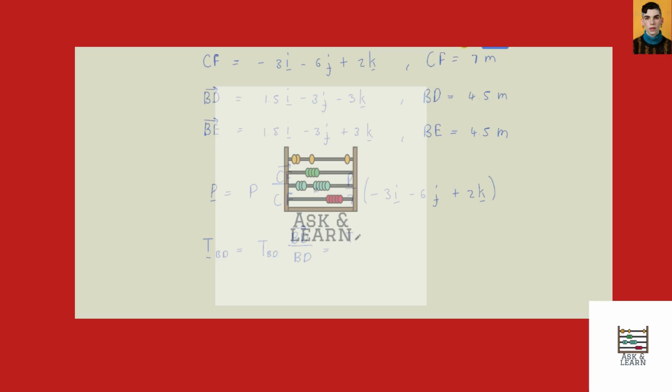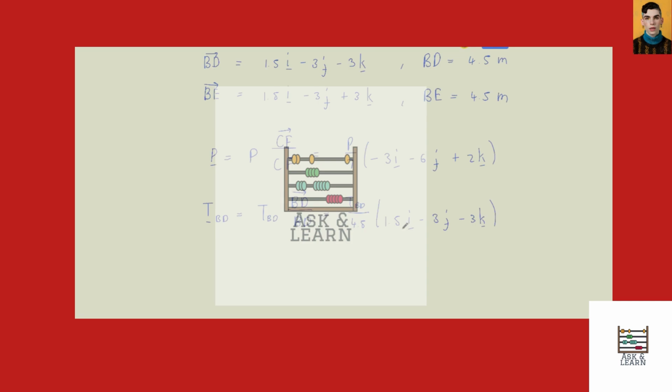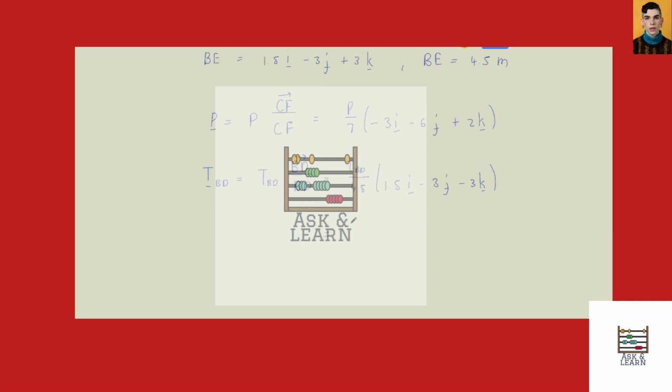So this is TBD divided by 4.5 times the vector 1.5I minus 3J minus 3K. And we can actually simplify this, and this becomes TBD over 3 into I minus 2J minus 2K.